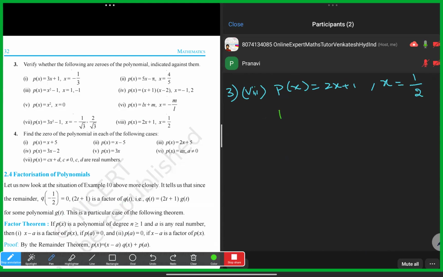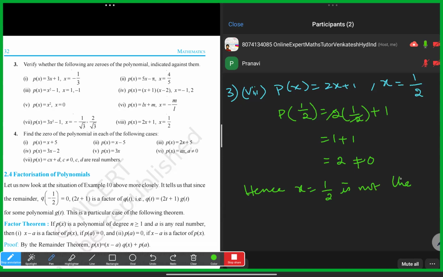Now I am substituting p of 1 by 2: 2 into 1 by 2 plus 1, which is 1 plus 1, 2, not equal to 0. Hence x equal to 1 by 2 is not the 0 of p of x equal to 2x plus 1.